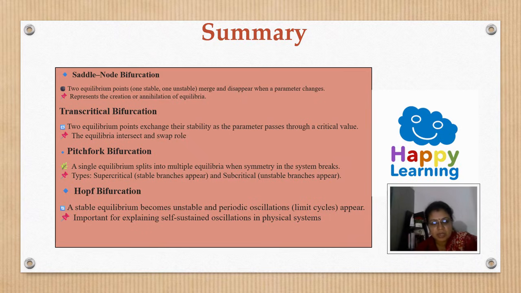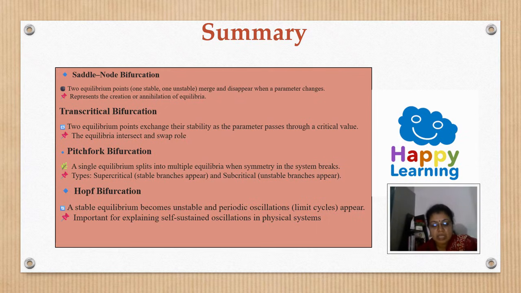The second one is the transcritical, where the exchange of stability happens. The equilibria intersect and swap their roles. In pitchfork, a single equilibrium splits into multiple equilibria. Namely, what we saw there, one fixed point leading to three fixed points. So supercritical and subcritical branches appear.